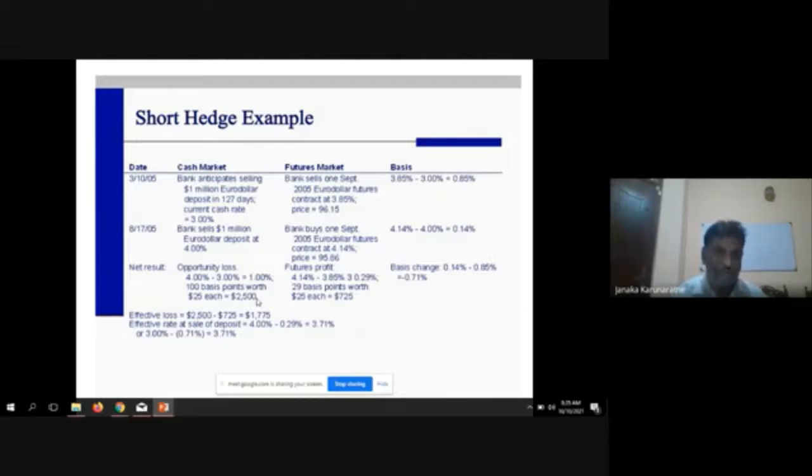But because of this future, the bank is able to reduce the loss to 1,775. So this is a part of risk mitigation, risk reduction, but it may not completely reduce the risk. I mean, it may not be zero.